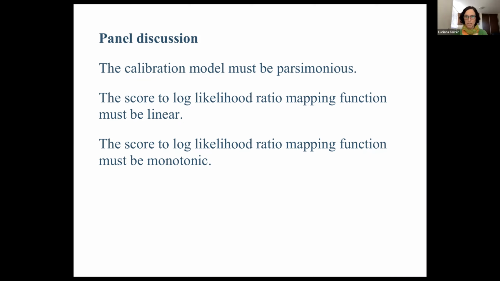We usually use monotonic approaches because it allows us to do this decomposition into discrimination and calibration. It has that nice property, but I don't think it's inherently necessary to do calibration that the transformation is monotonic.